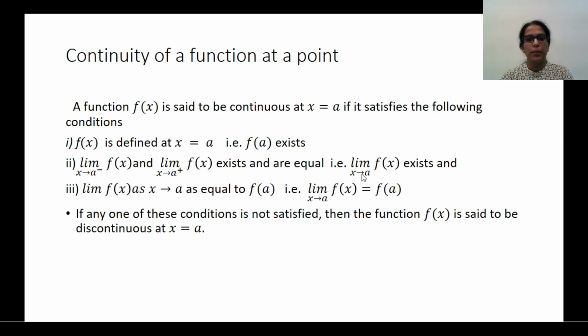That is, limit x tends to a f of x exists. Third condition is limit as x tends to a f of x is equal to f of a. If any one of these conditions is not satisfied, then the function f of x is said to be discontinuous at x equal to a.